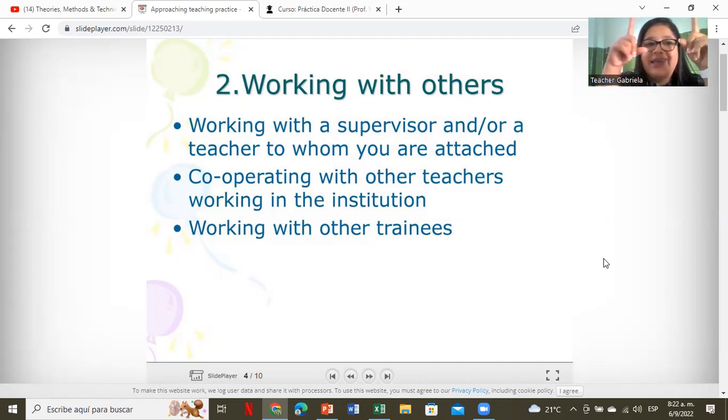So it doesn't matter about your politics, it doesn't matter about your specialization. I mean, some students are teaching mathematics, so you are going to teach English. It doesn't matter your religion, if you're Christian, Catholic, atheist, you have to learn how to work with others.